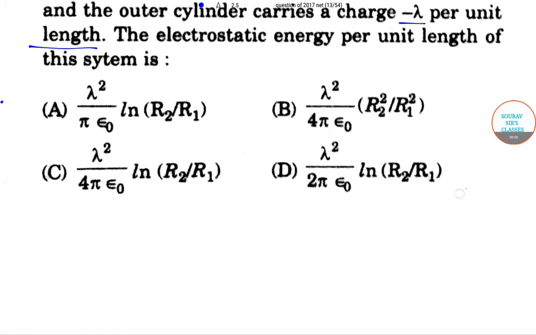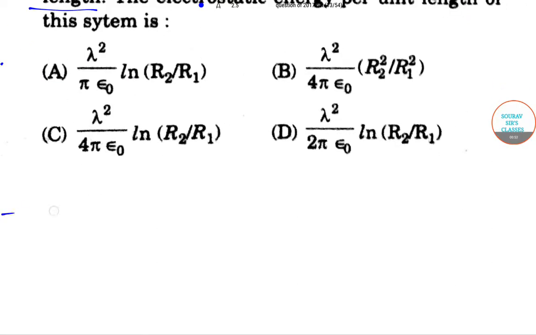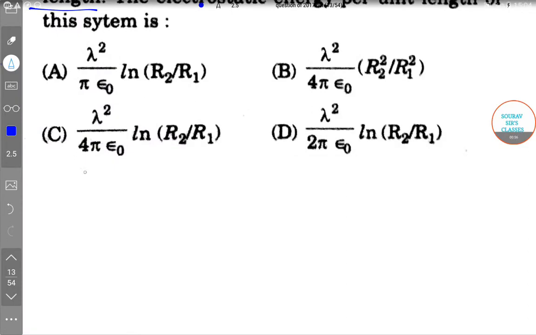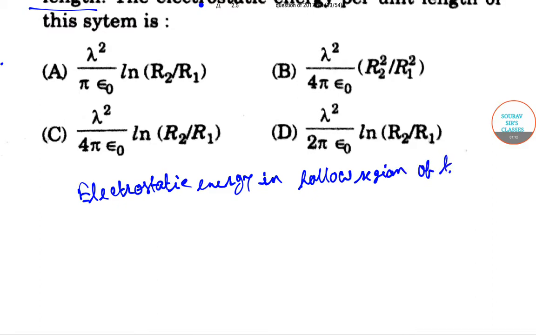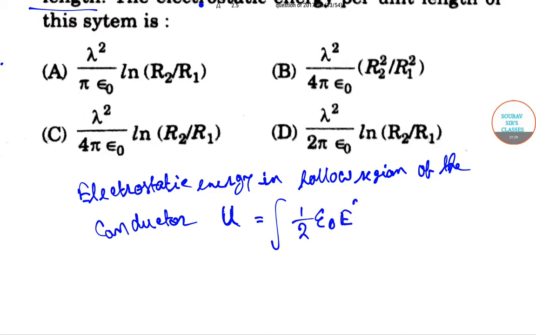So the electrostatic energy in hollow region of the conductor, we can write it as U, capital U, is equal to integration over half epsilon 0 E square d tau.